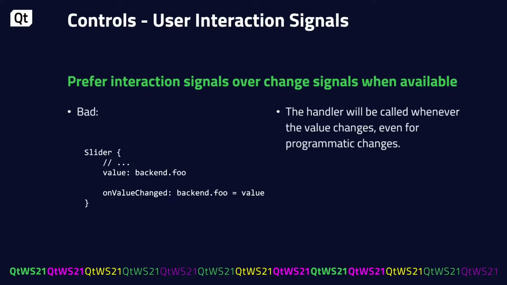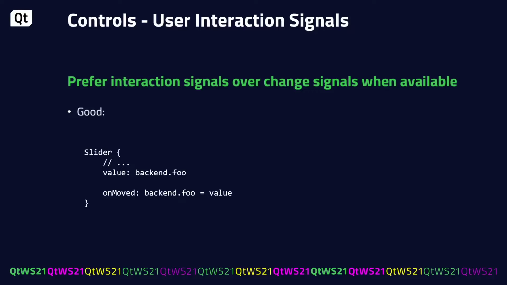The problem with this code is that the handler will be called whenever the value changes, even for programmatic changes. So even if the backend code causes this value property to change, or some other code within this file or elsewhere in the application, then this handler will be called. And that's an issue because it can lead to confusing bugs and binding loops.